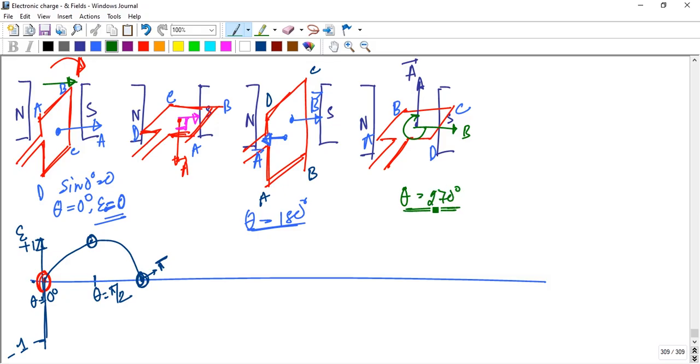If the angle is 270 degree, sine 270 is minus 1. This represents minus 1. That is theta equal to 3 pi by 2, 270 degree. There is a maximum EMF of minus 1, in the negative direction. Then it becomes 0, now back to here. That is 2 pi. Here we get 0. That's the EMF, and this is the sinusoidal cycle.